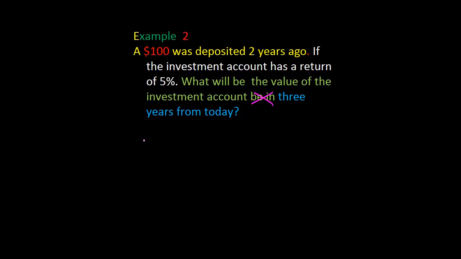So this is our timeline: this is a 0, this is a 1, and this is a 2. The $100 was deposited 2 years ago, so we know we're at this point, and the $100 was deposited at t equal to 0.